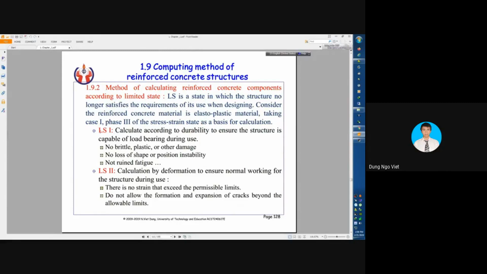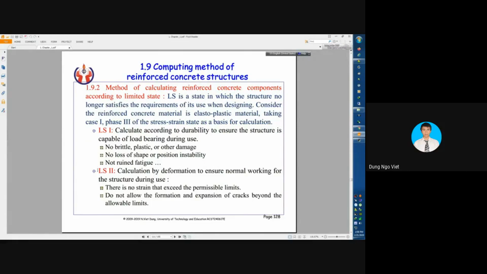For limit state 1, we calculate according to durability to ensure the structure is capable of load bearing during use, with no brittle plastic or other damage, no loss of shape or position stability, and no failure due to fatigue.